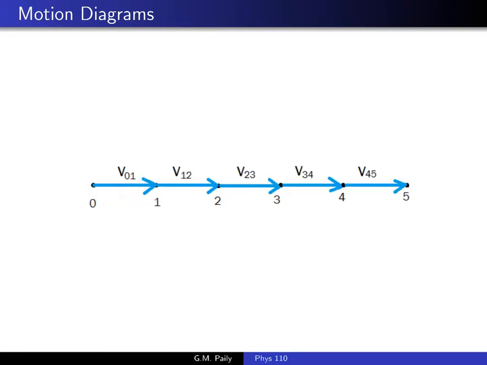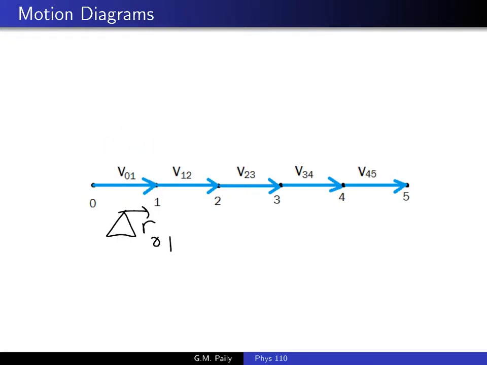Now we can draw arrows linking consecutive dots. This arrow is delta r01. It shows you the displacement from position 0 to position 1.